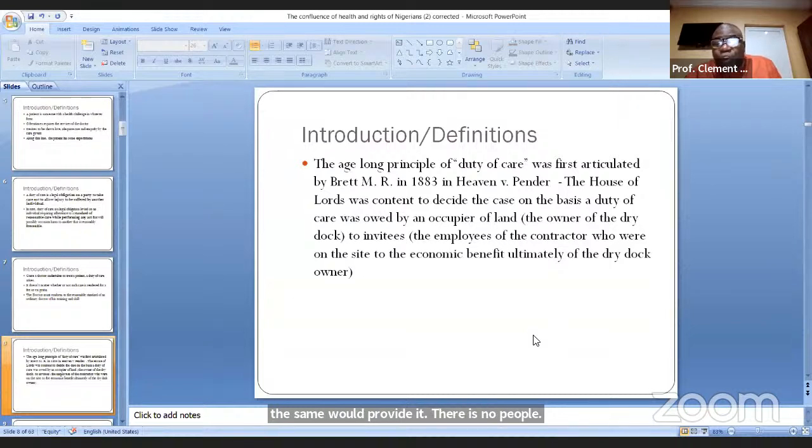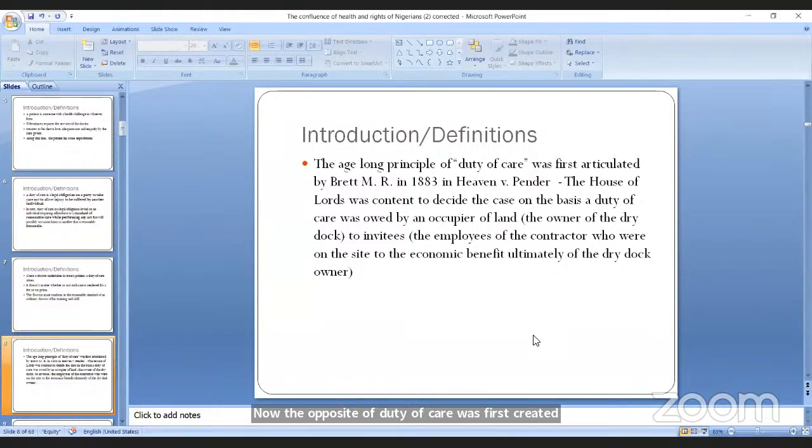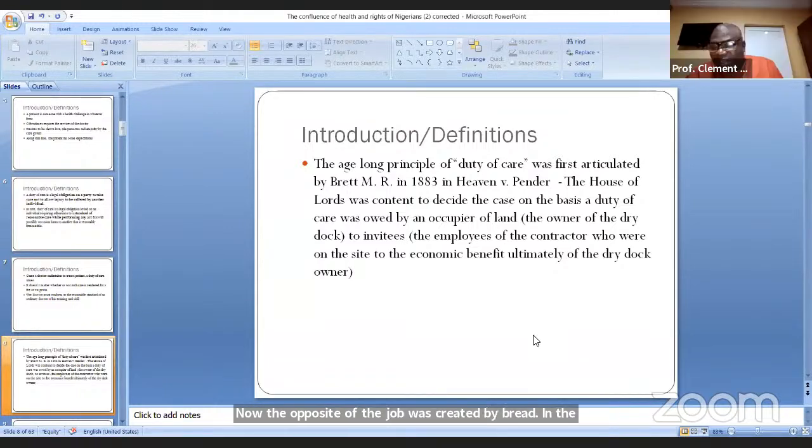Now, the age-long principle of duty of care was first articulated by Brett in the case of Heaven and Pender. I will just give a summary of this case for the sake of time. In this case, somebody, like a dog owner, went to paint the ship. The ropes they were using were defective, they were weak.